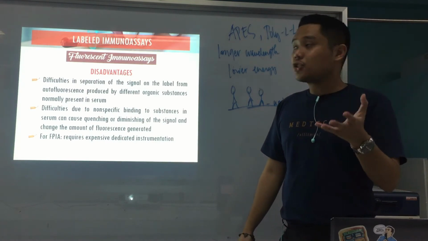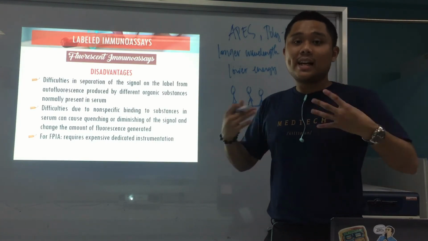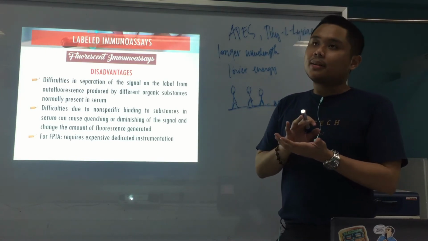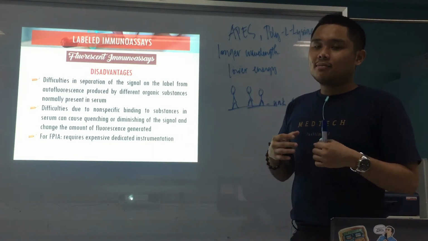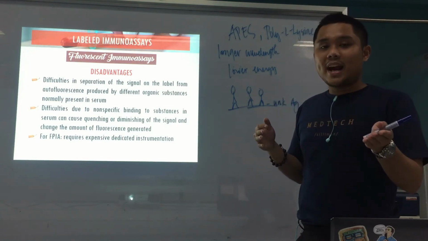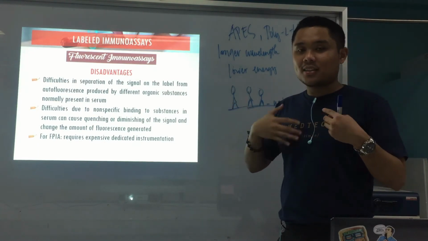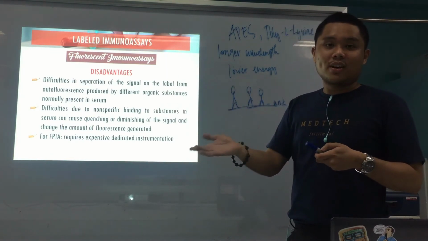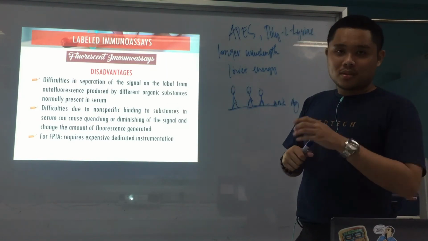There are some organic substances that release their own fluorescence, so you need to remove that. It can be misinterpreted, as the fluorescence is not from the reagent or the reaction, but from the inherent capability of the substance to fluoresce. So you need to separate those.